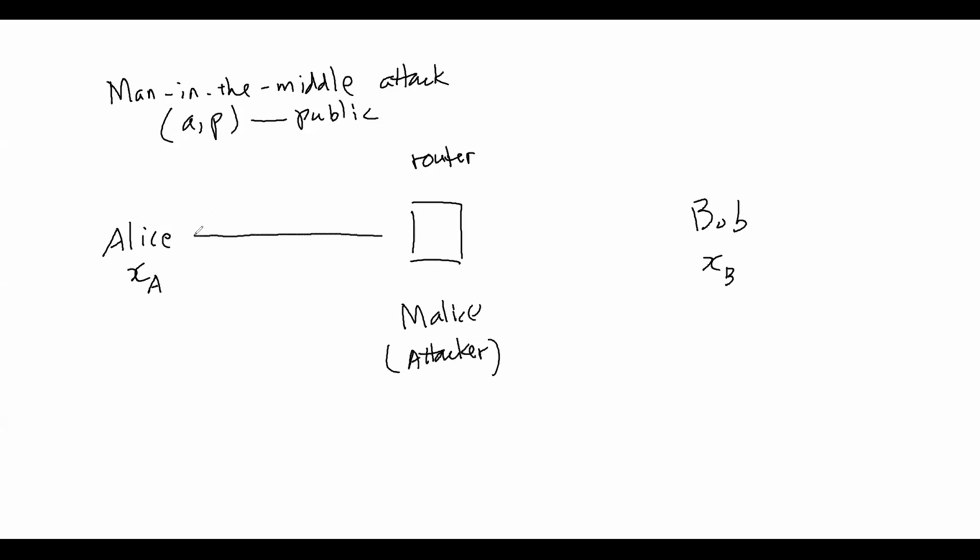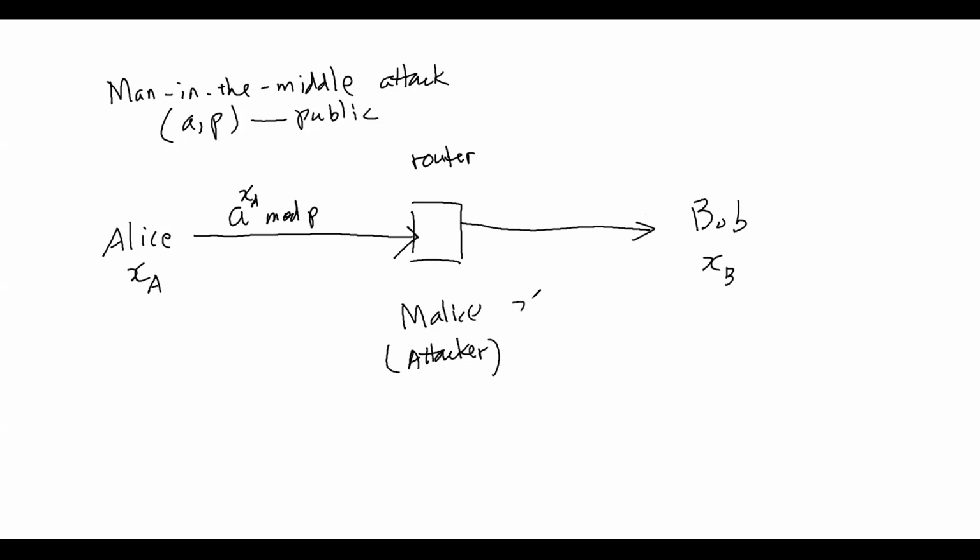Okay, so it intercepts Alice's A to the XA mod P. Instead of forwarding this A to the XA mod P to Bob, the attacker Malice will forward something else.